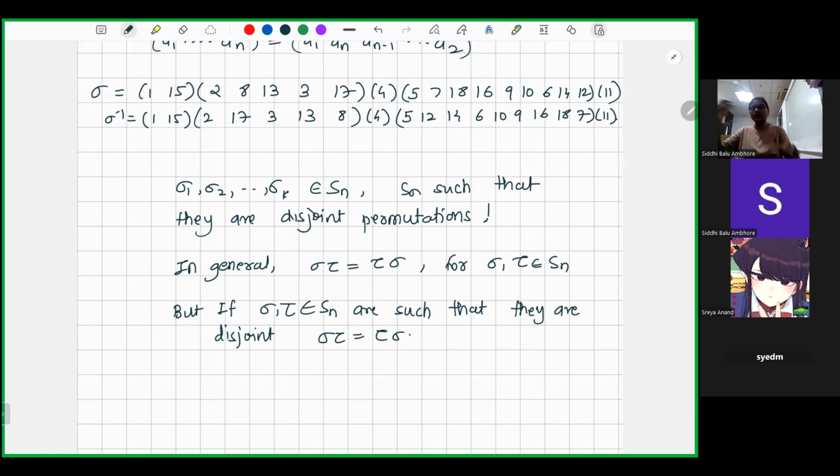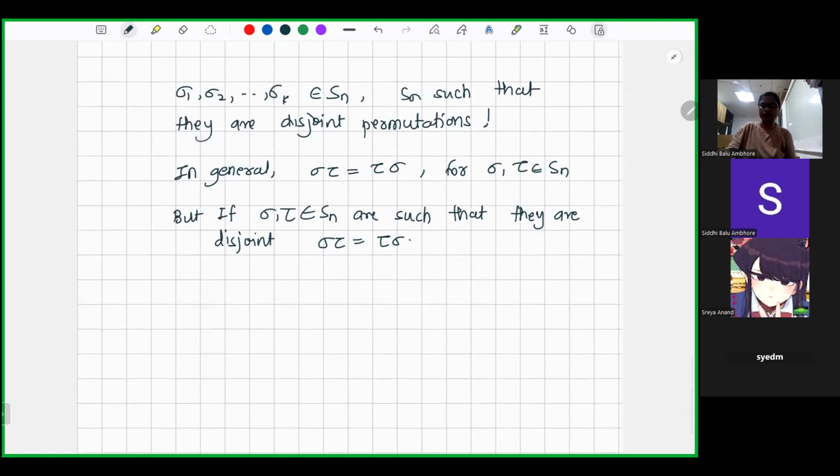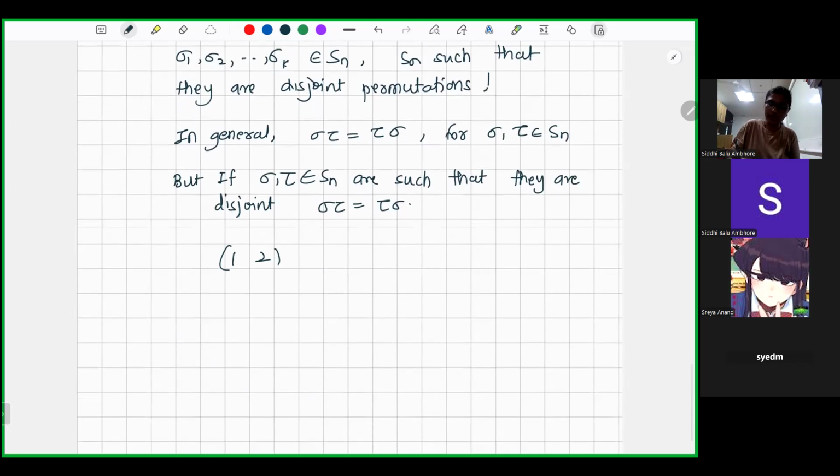Because permutations are maps which send some number to another number. Here, if the cycles are disjoint, it does not matter how I arrange them. For example, I have these two cycles, this is my tau and this is my sigma, and I'm just writing them as 1, 2.